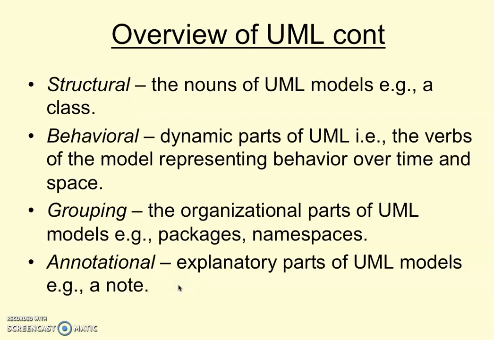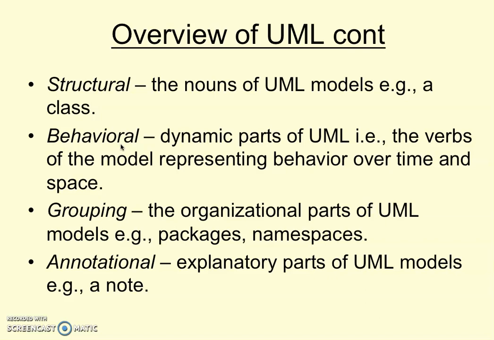So let's take a look at what those are. Structural. Those are basically the nouns of UML. So this is something like a class. Right? Then there's the behavioral aspect. These are the dynamic parts of UML. This is related more to the verbs that we have in our model, and this represents behavior over space and time.